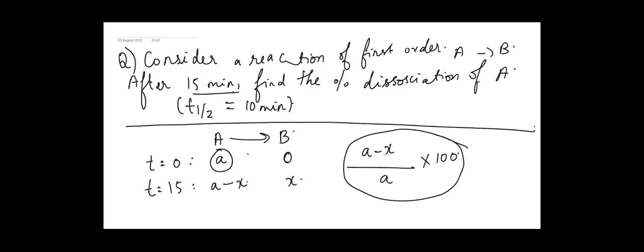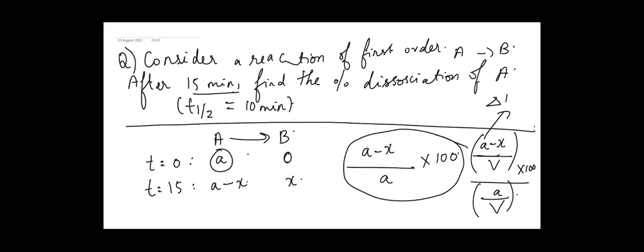So we divide the numerator and denominator by volume, and the relation still doesn't change. A minus x by V is the change in the concentration, which we can keep as delta A, and a by V is the initial concentration, A naught.